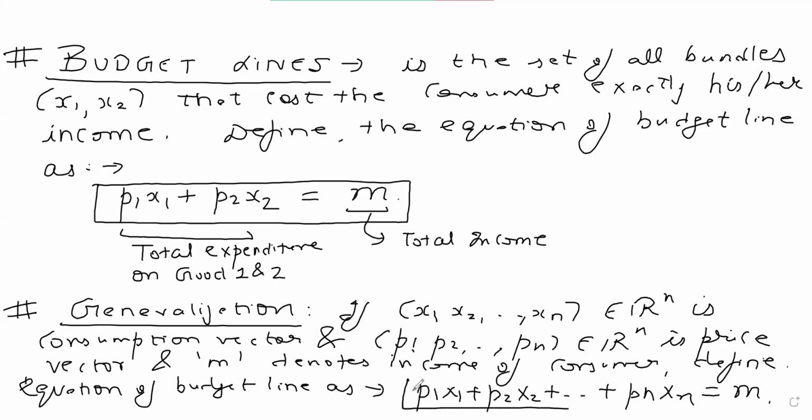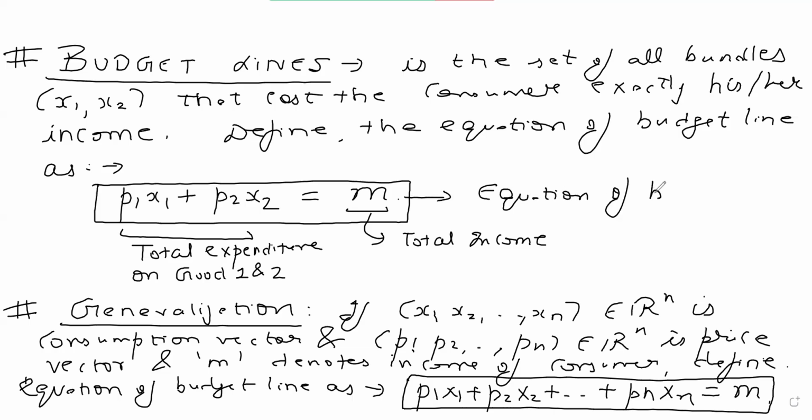This is the equation of the budget line in the nth dimension. This is the equation of the budget line in the 2-dimension space. There you only have 2 goods with 2 prices.